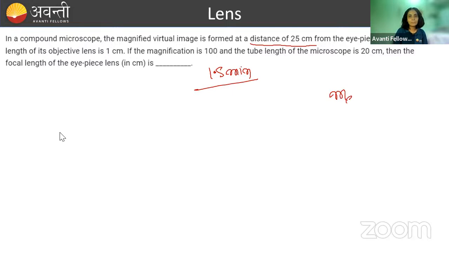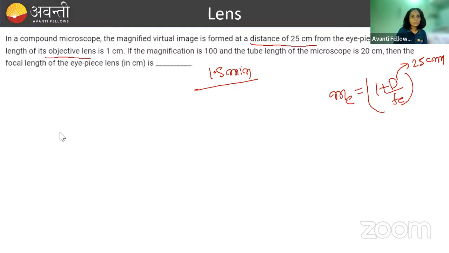For that case, magnification by eyepiece formula is 1 plus d by Fe, where d is the least distance of distinct vision, and that is given here, 25 centimeter. If the value given in the question is different, then you have to write that different value here. But in the question also, it is 25 centimeters.